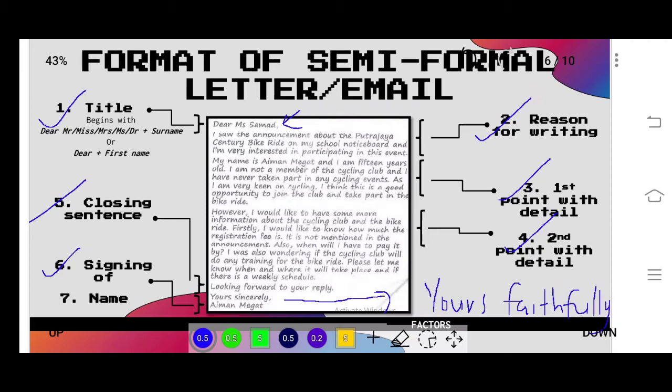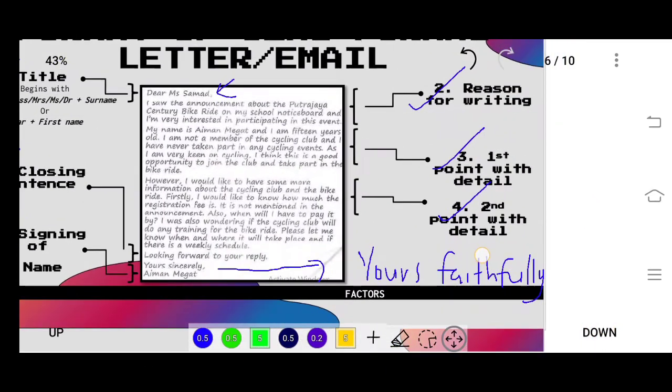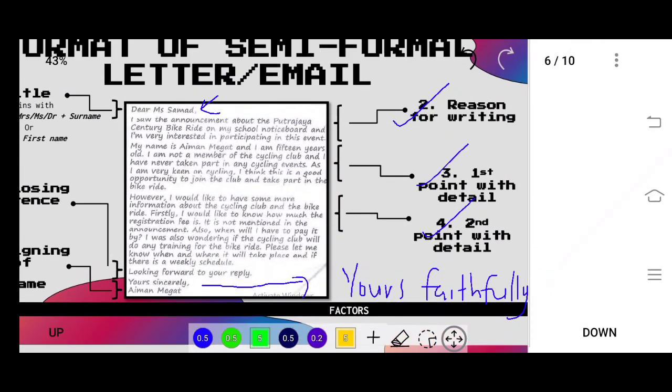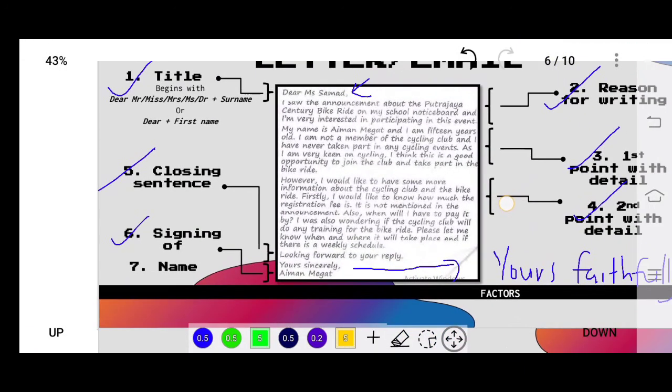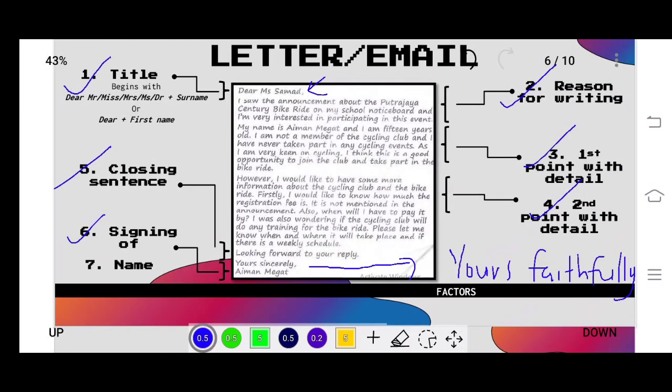You can use either of these two, yours sincerely or yours faithfully. You can only use these two in a semi-formal letter or email. After yours sincerely or yours faithfully, you put the comma. Don't forget to put the comma or your marks will get deducted.